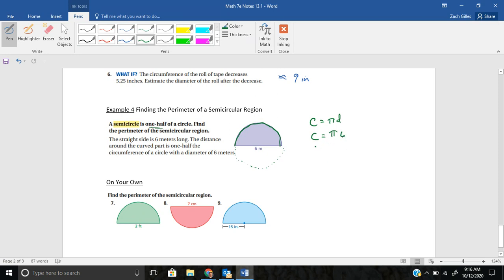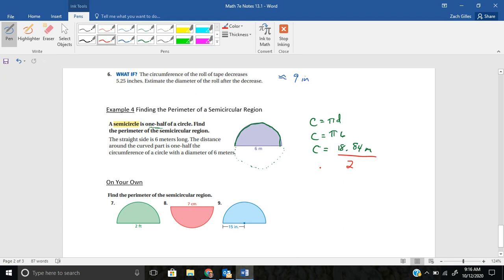Okay, so if I were to take 3.14 and multiply that by 6, the circumference would be 18.84, and that would be meters. Again, that would be the circumference of the entire circle, but we just want to know what it is for the semicircle. So last step then is we would divide that by 2 to find out what half of that is.